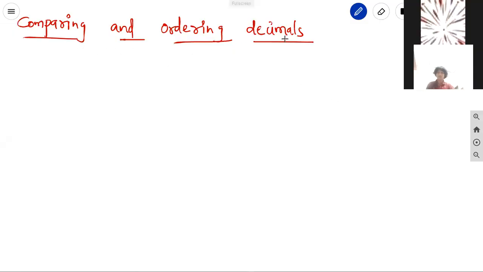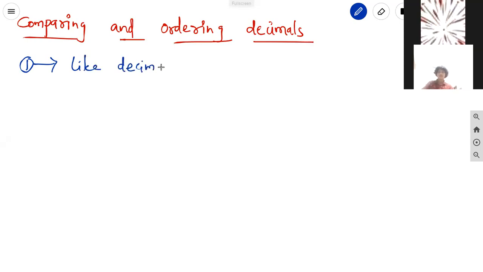Comparing and ordering decimals: we must follow the rules. The first step is to convert the numbers into like decimals. The second step is to first compare the whole number part.